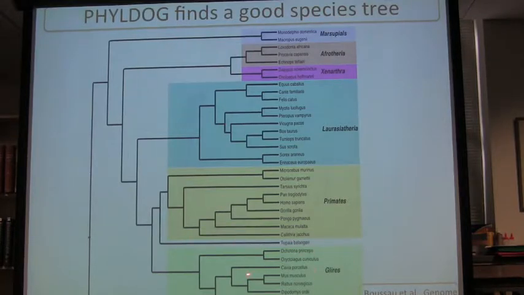And then you recover all the major groups of mammals that have been described. Inside each group, sometimes you have some oddities, but most of the relationships among those mammals are pretty much in agreement with what we believe of the current phylogeny of mammals. So PhyloG basically finds a pretty good species tree.